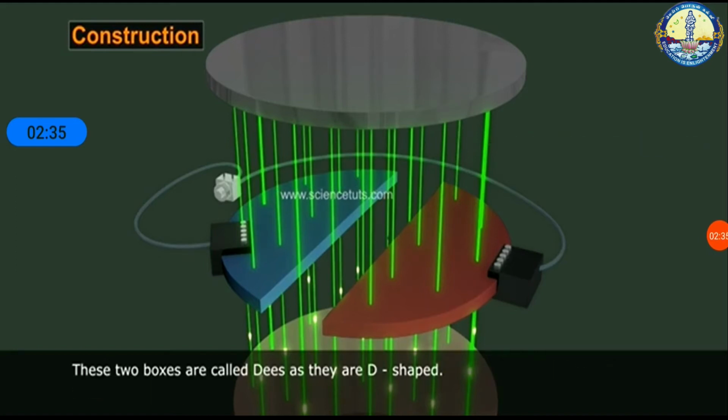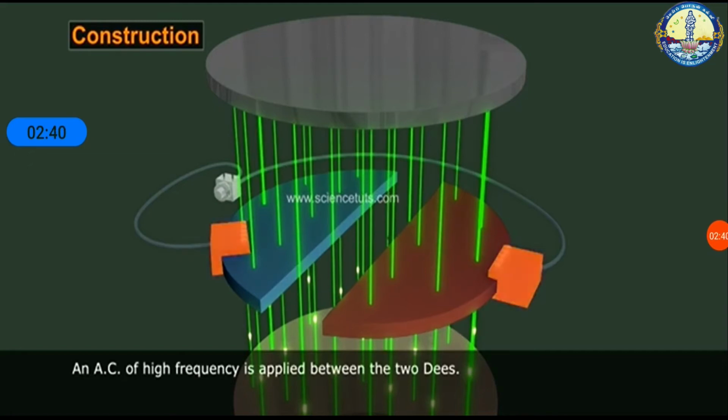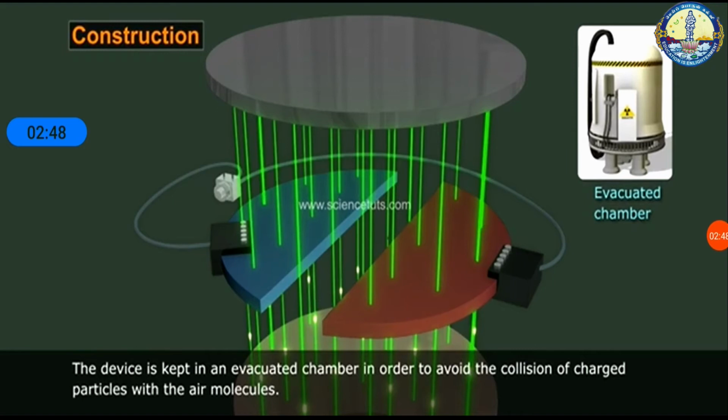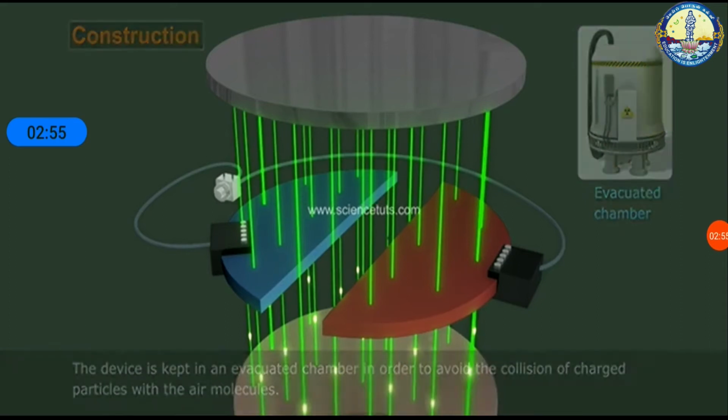These two boxes are called Ds as they are D-shaped. An AC of high frequency is applied between the two Ds. Now the device is kept in an evacuated chamber in order to avoid collisions of charged particles with the air molecules.